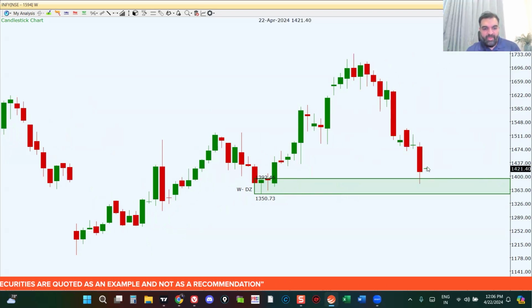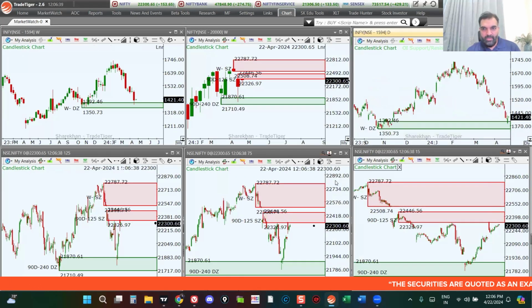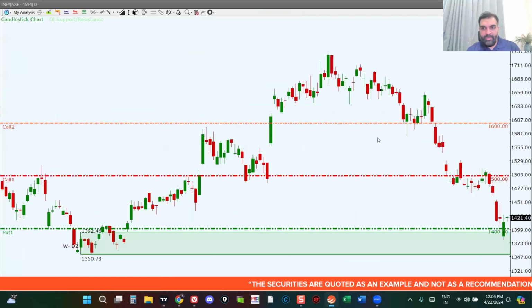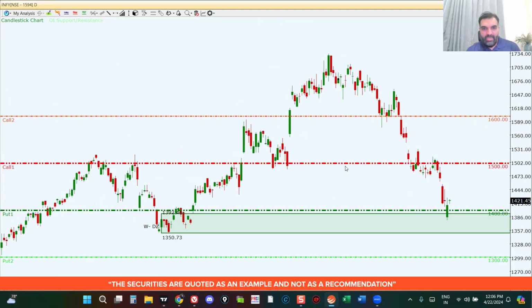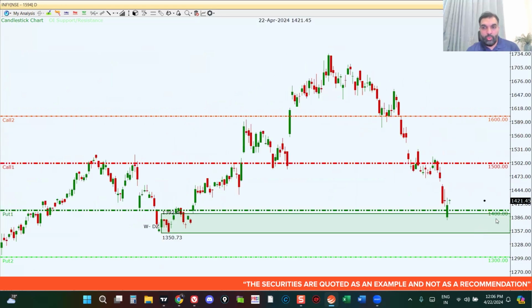So now from here on, where can the prices go? Let's go to the daily chart of Infosys and align it with our open interest levels. Now you can clearly see that 1400 is a strong support. So the belief is that by the end of expiry, Infosys should not close below 1400, and up to expiry we should get to 1500 odd levels, because that's where the highest open interest level is.